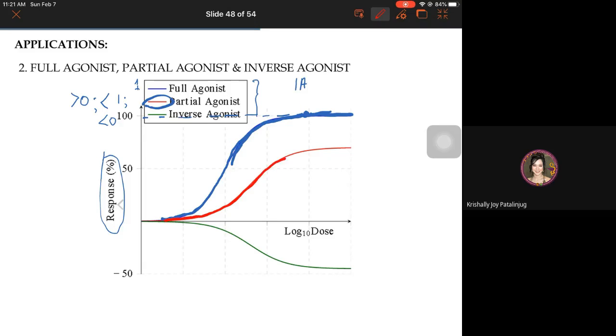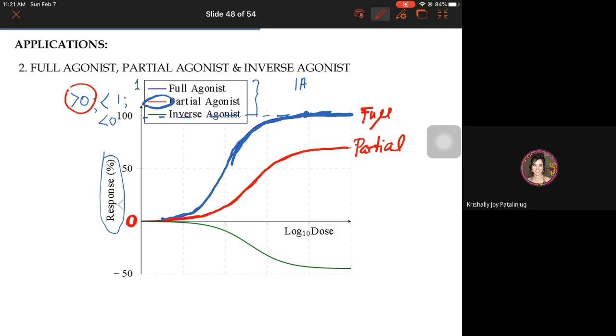As you can see, its response is less than the full agonist, but greater than 0, the biomarker 0. Greater than 0 but less than the maximal response. So this would be for partial.